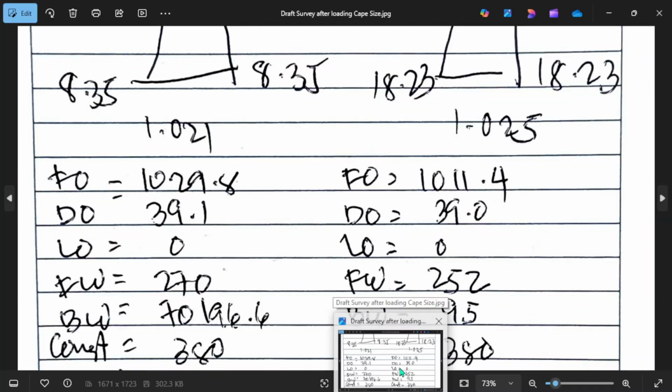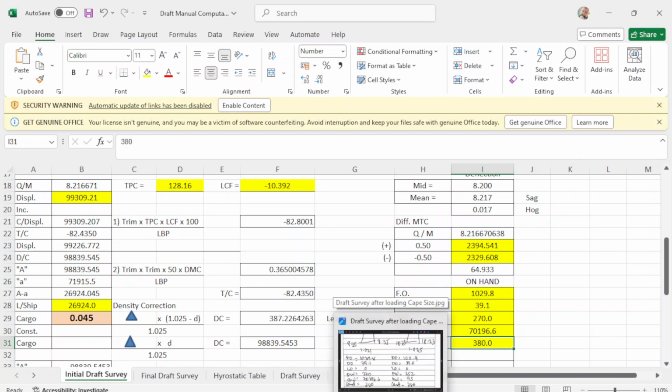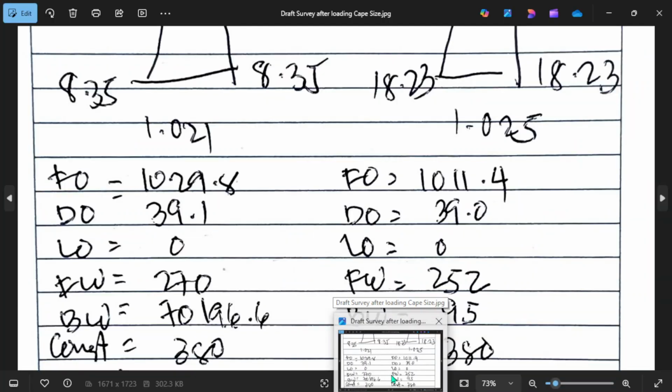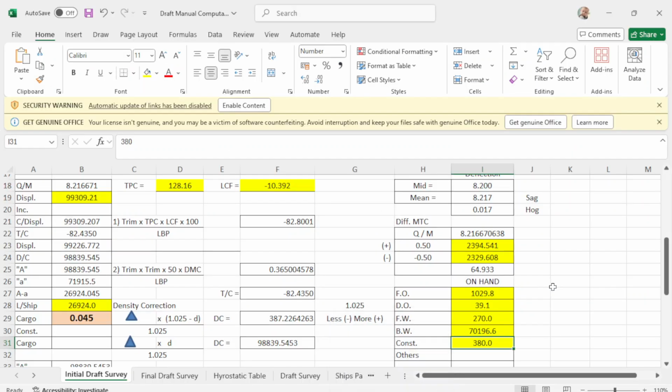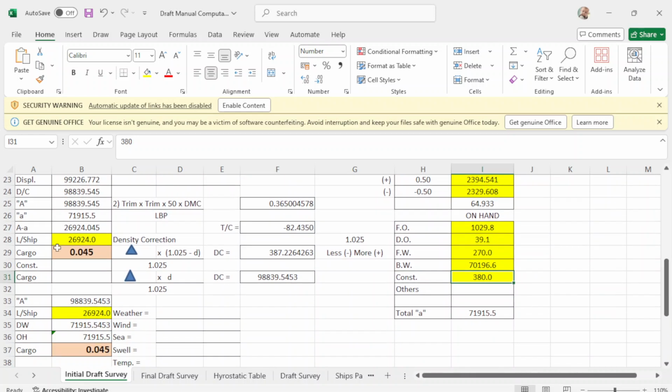It is 70196.6. Okay, and your constant is 380.